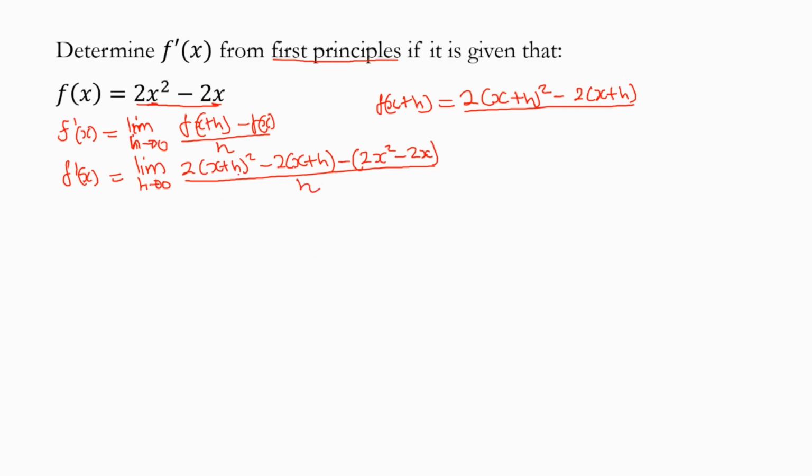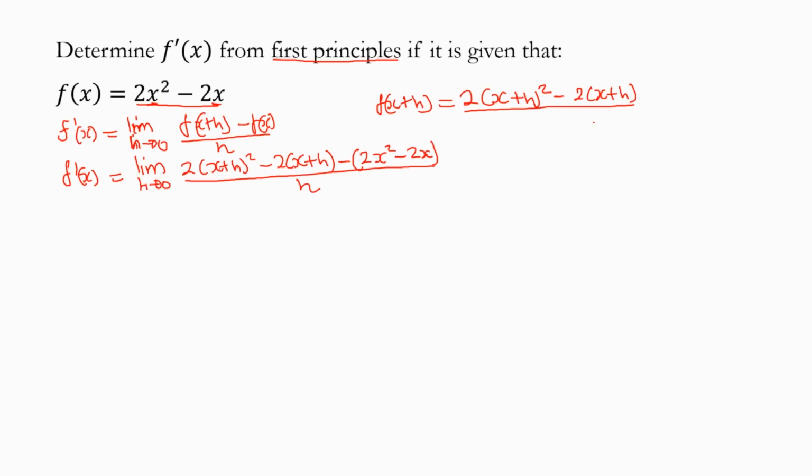And then we need to expand here and remove brackets. This is x plus h squared, which is a square binomial. Remember how we deal with the square binomial. It becomes x squared plus 2xh plus h squared.